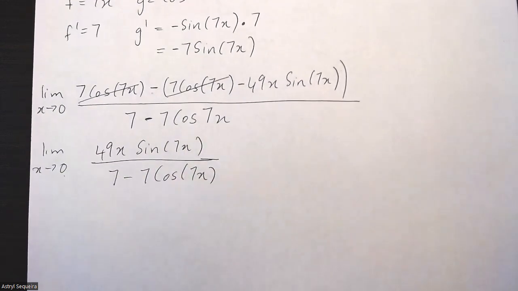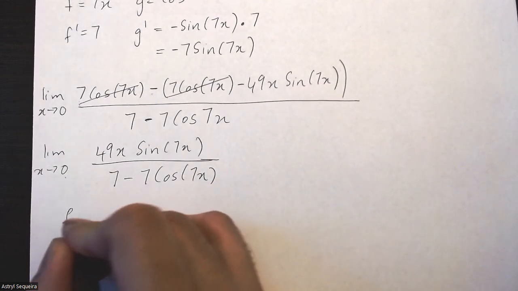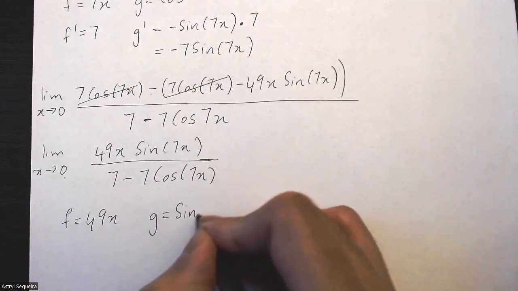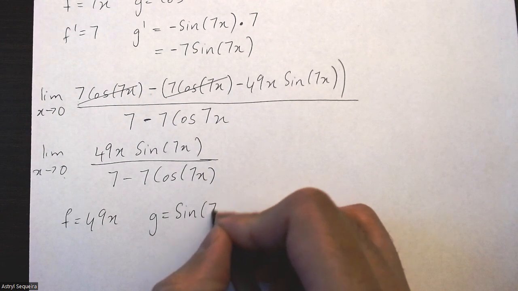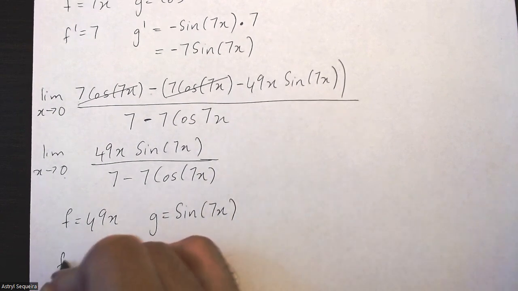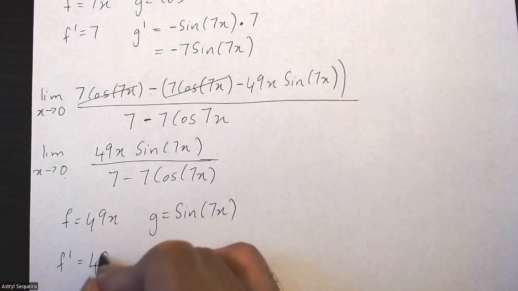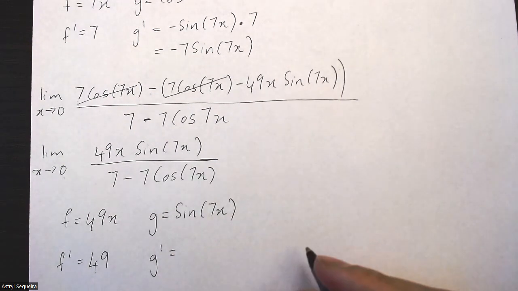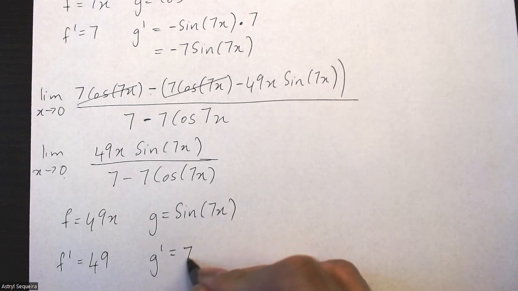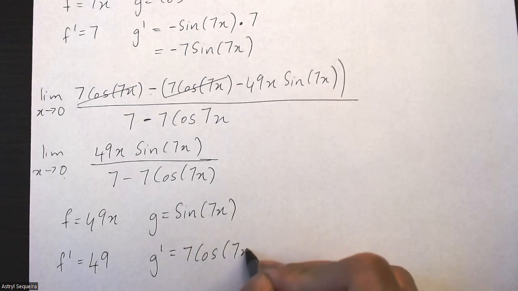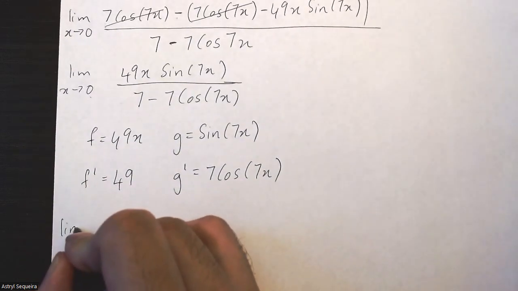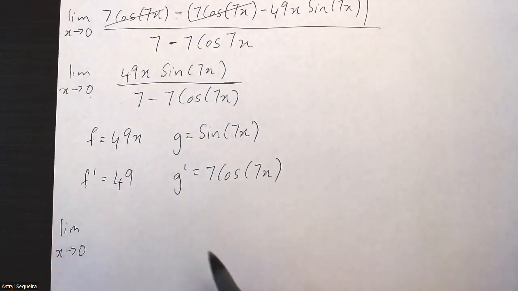Use the product rule on the top of this one again. So f equals 49x, g equals sine 7x, f prime equals 49, g prime equals 7 cos 7x. And now I can put in my product rule over here again. So limit as x approaches 0.